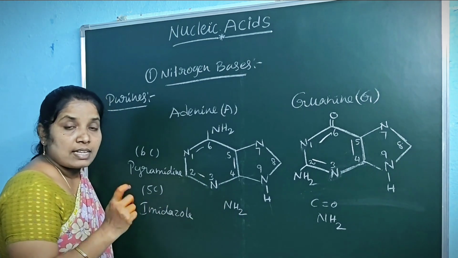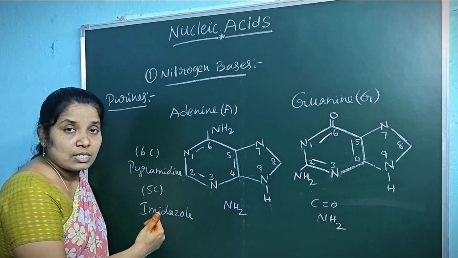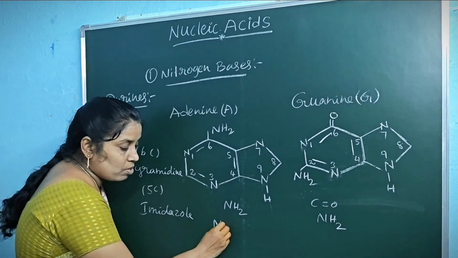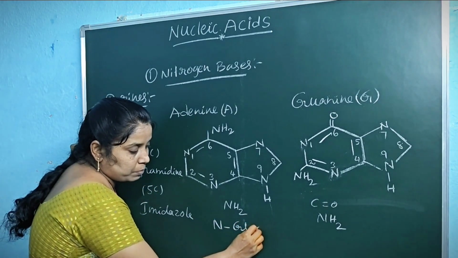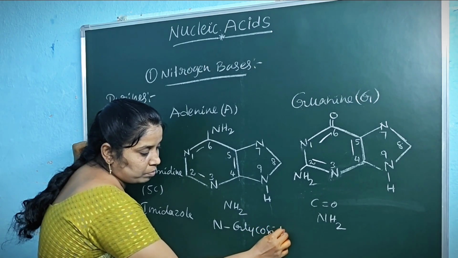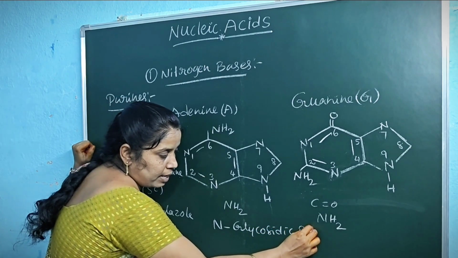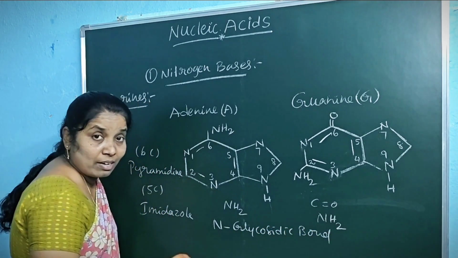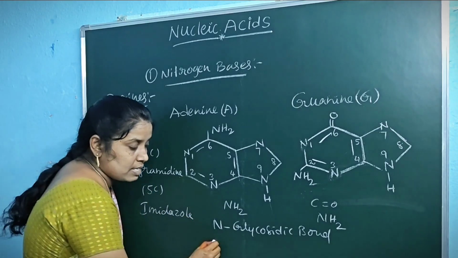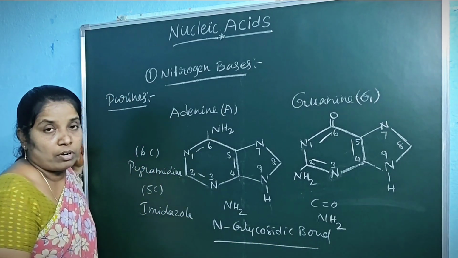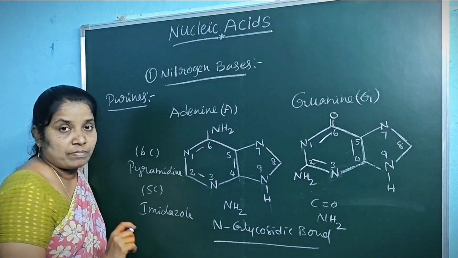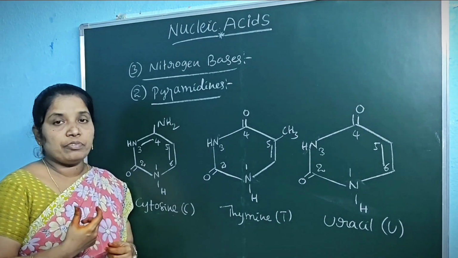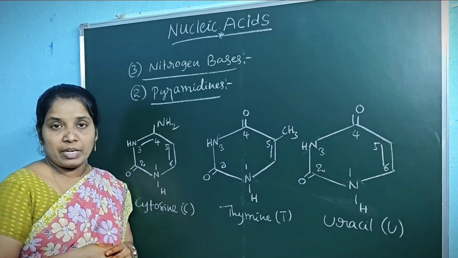So, the bond established between these two is called the N-glycosidic bond. The bond established between the sugar and nitrogen base is nothing but the N-glycosidic bond. I will explain this later. So, let's see the second type of nitrogen base, that is pyrimidines.